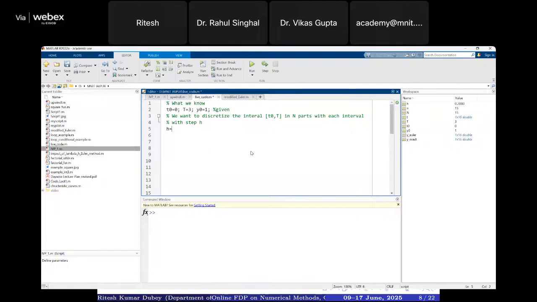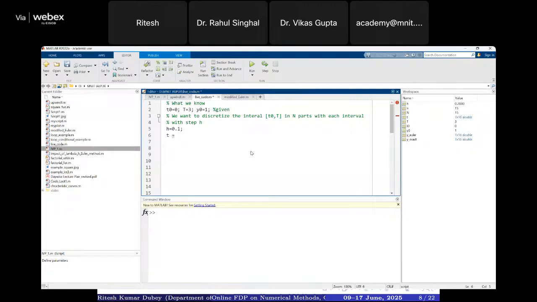So let us define h equal to 0.1. There are many ways you can do this. I am discretizing the time, and I will use t because t is generally used for time.